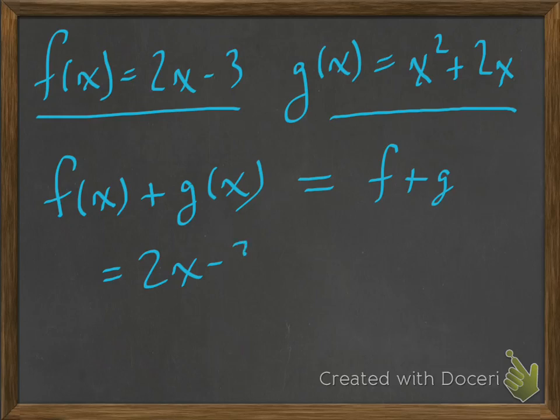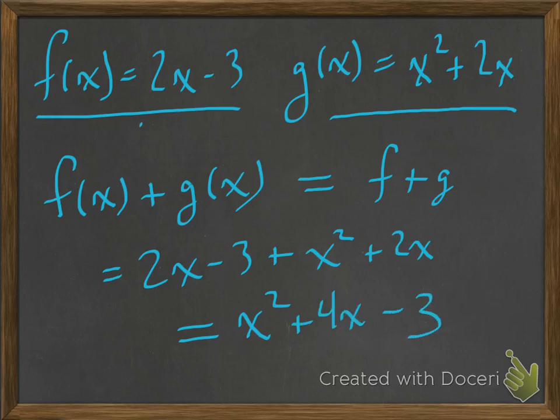So 2x minus 3 plus x squared plus 2x, and you finally end up with a new function, x squared plus 4x minus 3. So we added a linear and a quadratic, and we ended up with a quadratic. Okay, that's adding functions, just combining like terms.